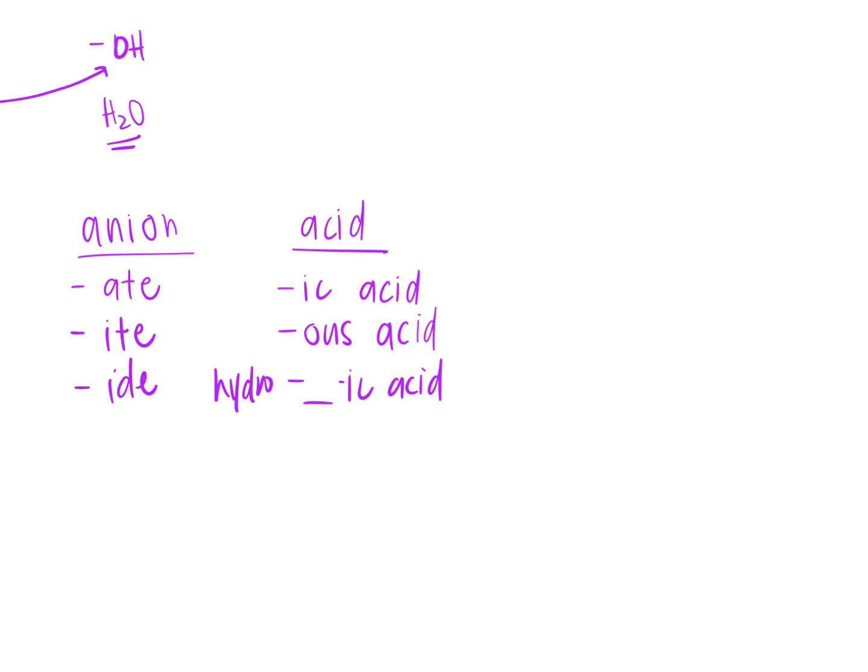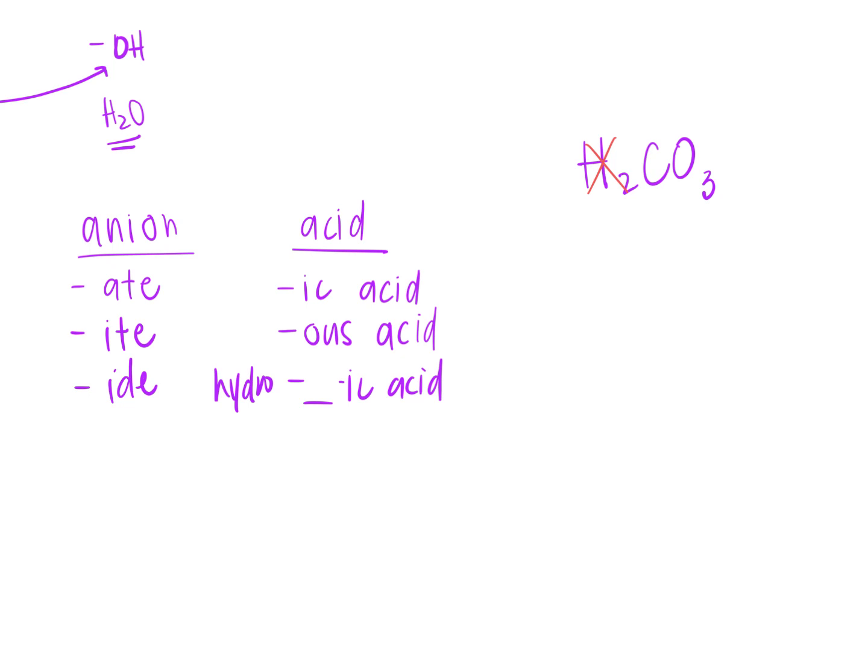Let's start with this one right here, H2CO3. Okay, I want to break down this compound and figure out what is its name. Okay, I have to look at what is left over if I ignore these hydrogens, right?